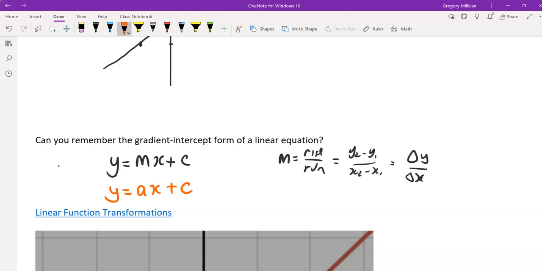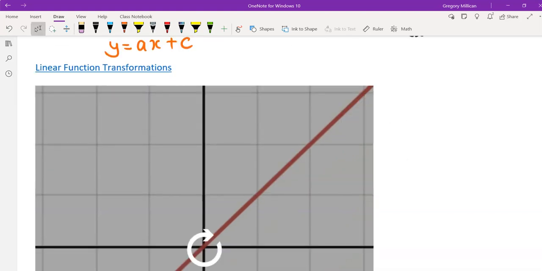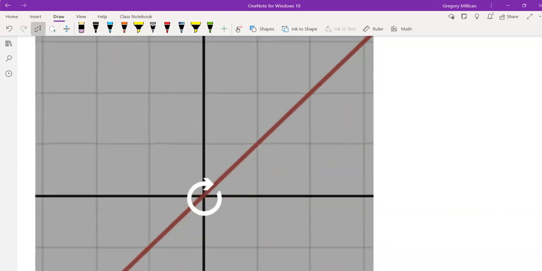So is that okay? The A is still the coefficient of X, it's still the gradient, just with a different letter. The C is still the C, the constant. Rightio, so here's what I want to do. If you look down a bit further, oh, look at that graph. There's your Y equals X graph. You could have cheated if you'd scrolled a little bit, but that's okay.